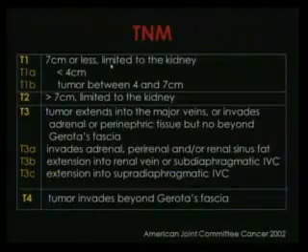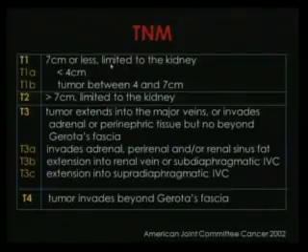For the staging of renal tumors, we consider TNM. T1 are tumors 7 centimeters or less, and you can divide that into A or B if it's up to 4 or more than 4. T2 is more than 7 centimeters, limited to the kidney. T3 are tumors extending into the major vascular structures, adrenals, perinephric tissue, but when the tumor does not go through Gerota's fascia.